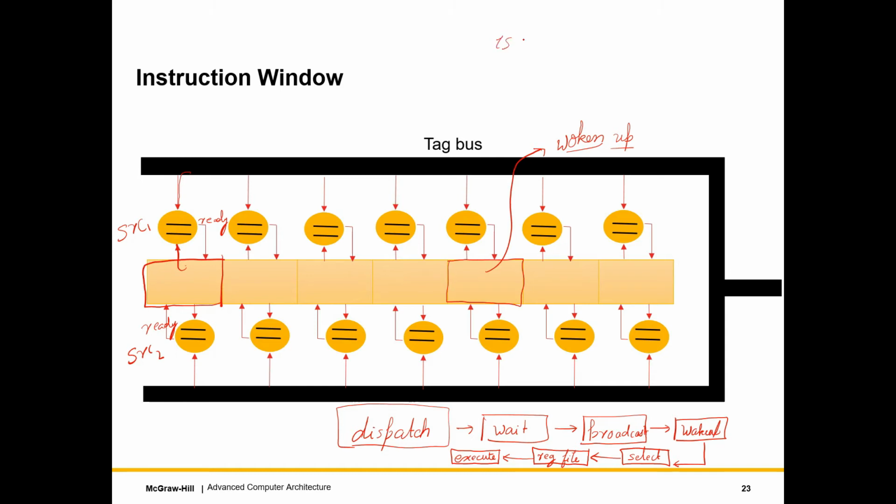If I were to look at it broadly, issue is where I take the instruction window, and from it I send instructions to the execution units. So this is said to be issuing to the execution unit. So this process is known as issue.